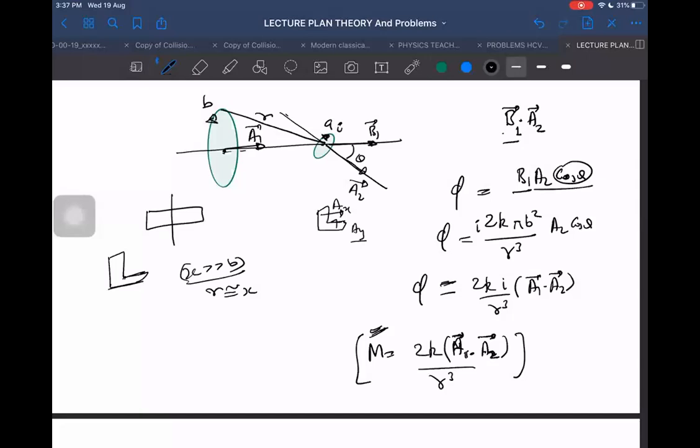Then I can write the area vector as Ax i cap plus Ay j cap. And then again I can take A1 dot, this will be the net area A2. Then again I can take A1 dot A2 and it will still be valid as long as this area is small and as long as it is so close to our axis that the magnetic field at all the points in this region can be assumed to be nearly the same. That assumption should be valid. Magnetic field at all the points within this area should be nearly the same.